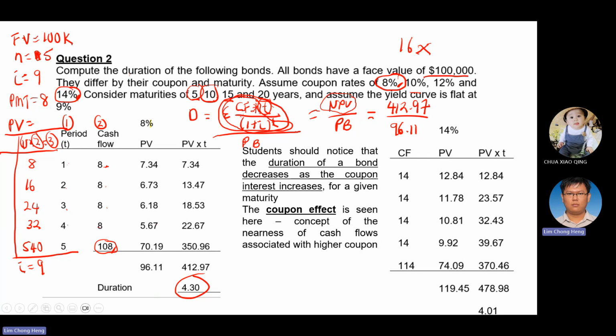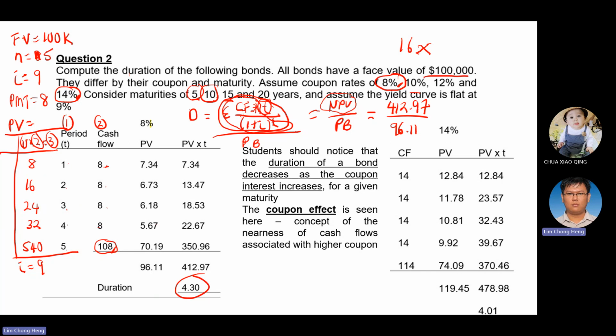Okay, understand. So what is the meaning of 4.3 years? I mean, on average, for this kind of bond, you need to hold 4.3 years. You can get back your initial investment.